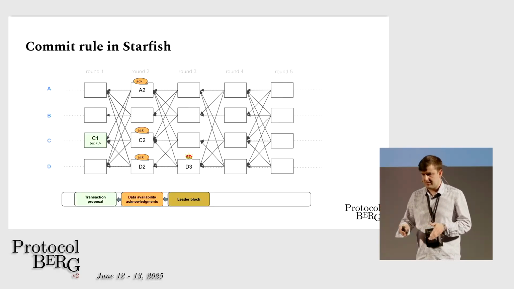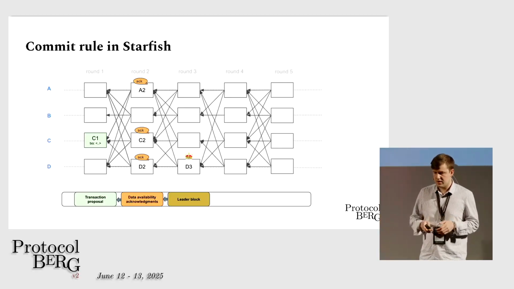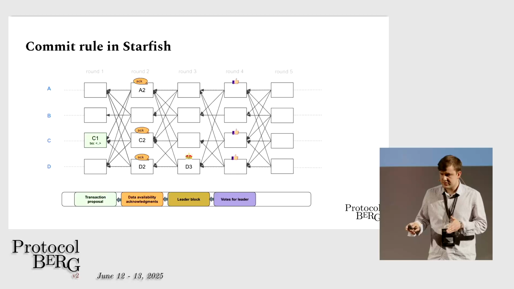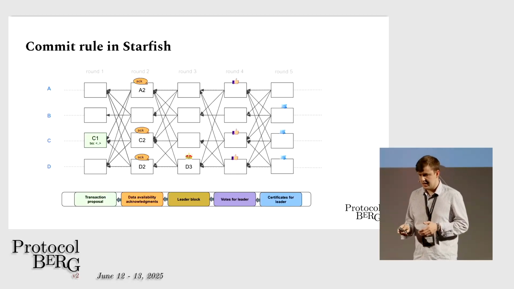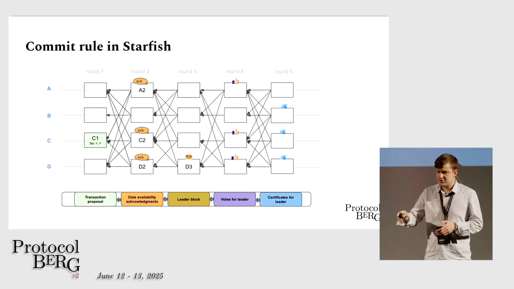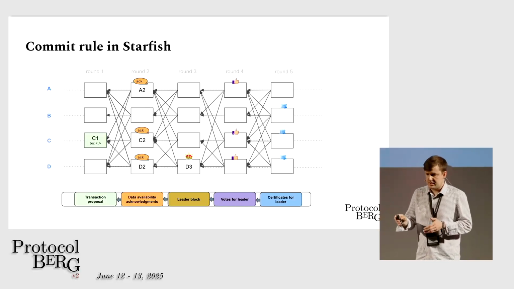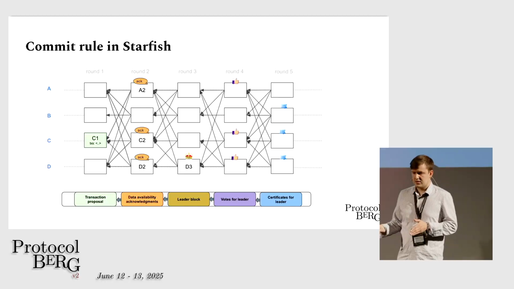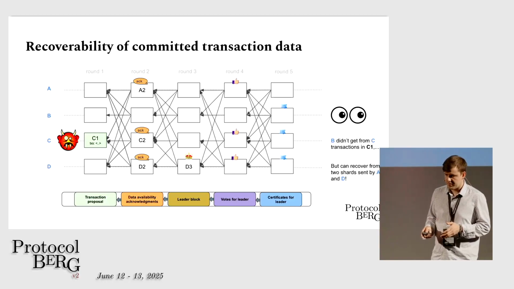The next step: we have again a leader block. The leader block needs to observe at least two F+1 acknowledgements. And the rest is basically what we have in the uncertified DAG approach, in Cordial Miners, in Mysticeti. We have some virtual votes, which are part of the block headers, and we treat some blocks as certificates for the leader. In total, we need about 5 rounds to sequence the transaction data in block C1.